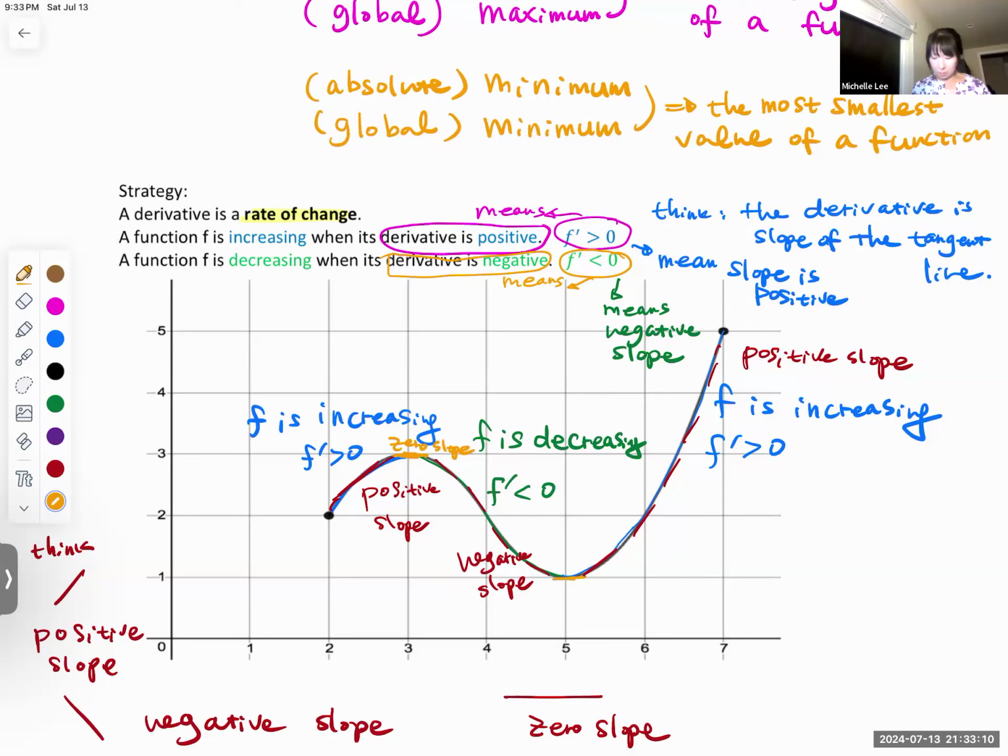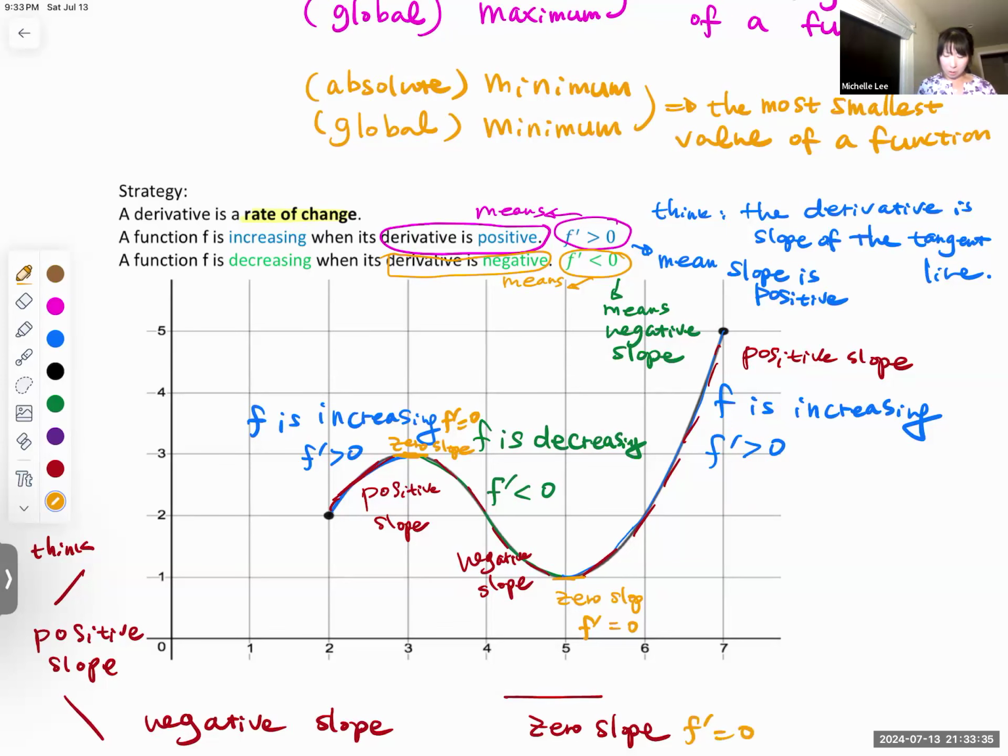And this is 0 slope. So 0 slope, how do we express it from the derivative? We can express it as f prime equal to 0. That's the zero slope.